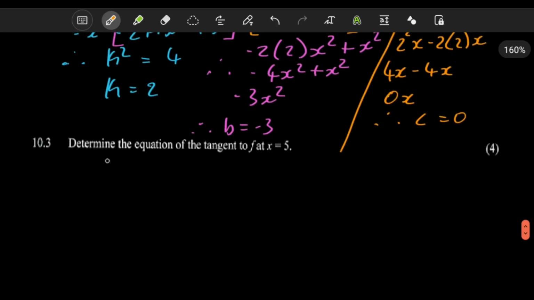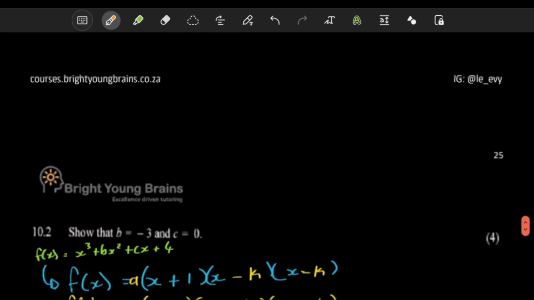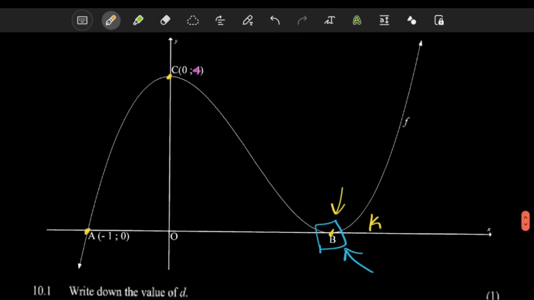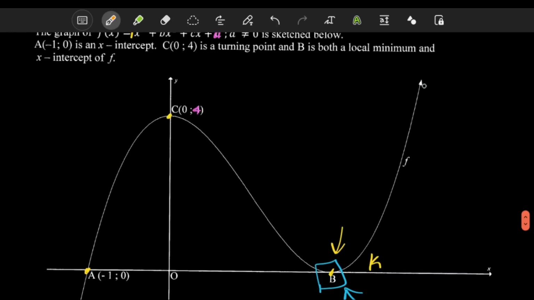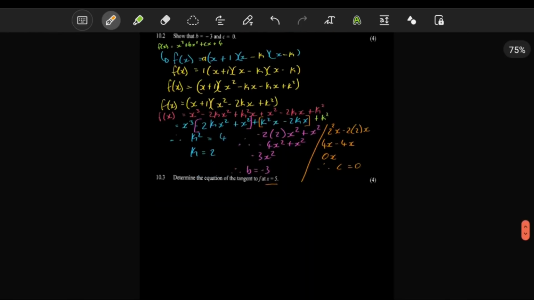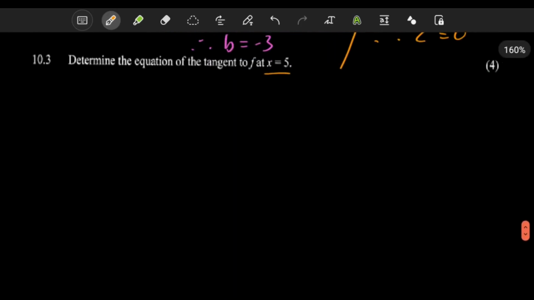Fifth, 10.3 here for 4 marks, it says determine the equation of a tangent to f at x is equal to 5. So equation of a tangent to a curve, that's easy stuff. X is equal to 5 is probably going to be somewhere there, because if this is a 2 going to the right, 5 is going to be somewhere there. So we need to get the equation of this tangent over here. We know that a tangent is just a straight line graph, so y is equal to mx plus c.